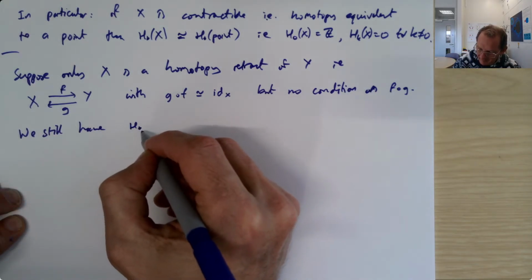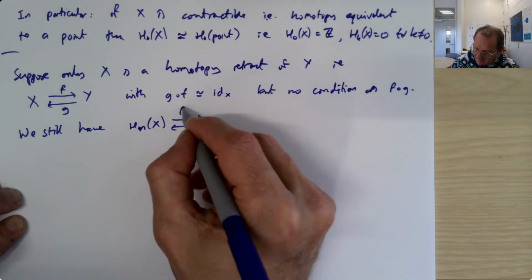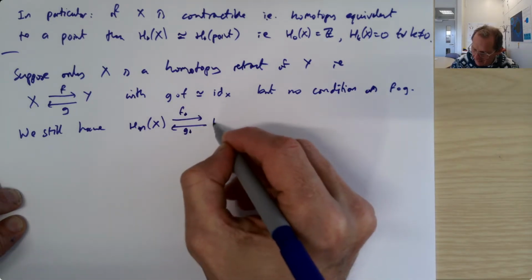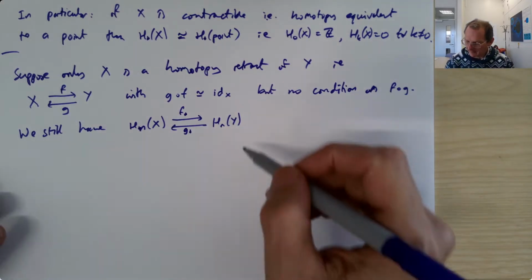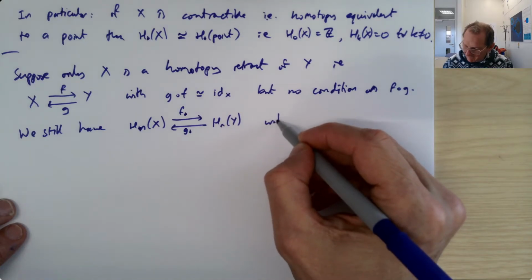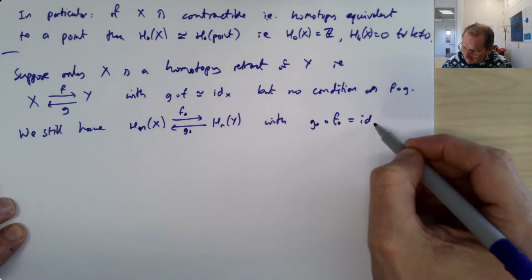We still have H_n X and H_n Y with f lower star and g lower star, with g star composed with f star being the identity.